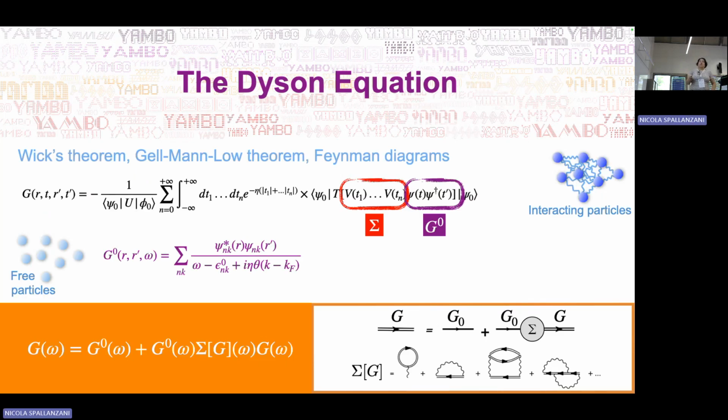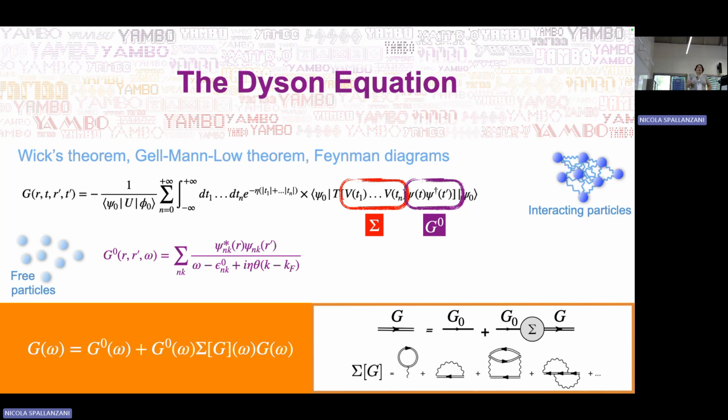Using all the machinery of many-body perturbation theory, we can do an expansion of this one-particle interacting Green function and rewrite it in a way that gives the Dyson equation.